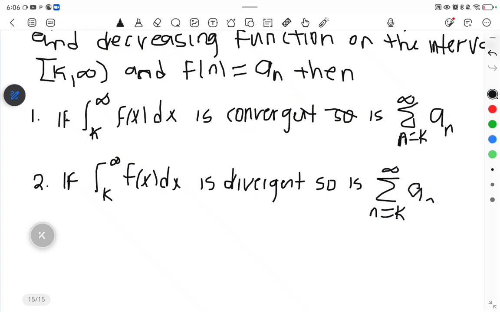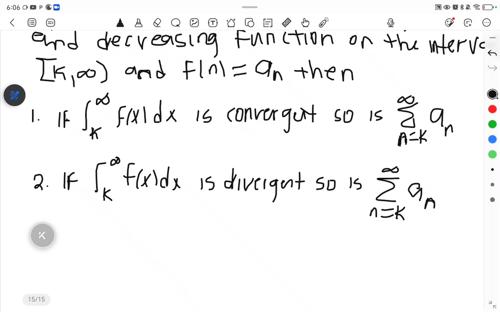So if the integral converges, the series will also converge. You see, right?